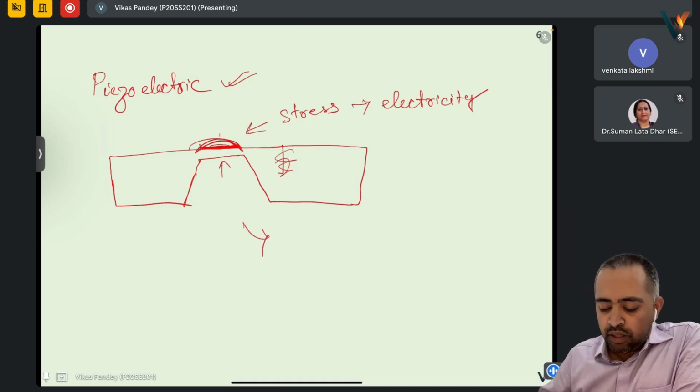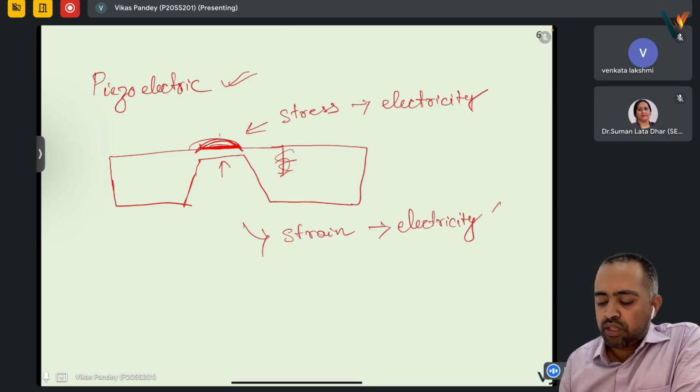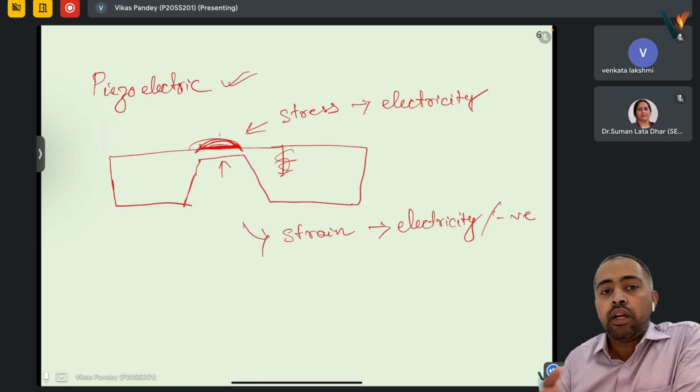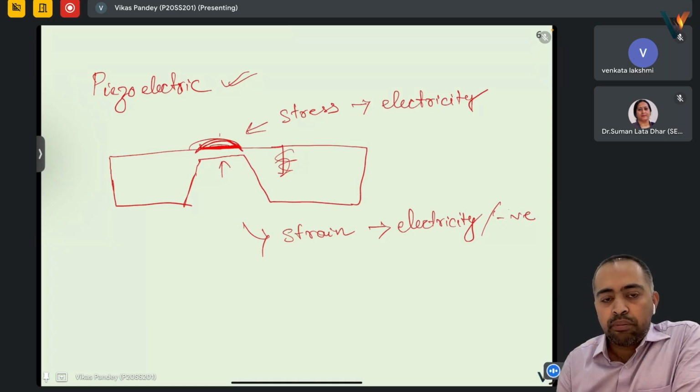In the opposite case, if there is negative pressure, when there is strain, again there is electricity or potential, but in the opposite direction, negative. The value will depend on the amount of stress or strain generated, and that in turn is proportional to the pressure being applied, and as such we can have a calibration curve for this sensor.